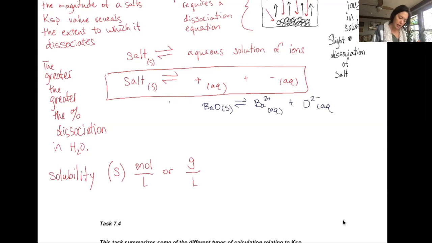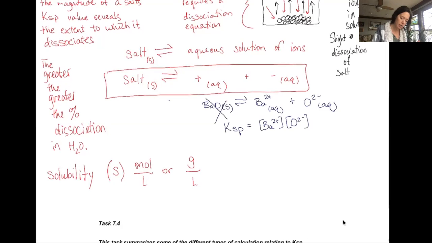All right, now, when I write my KSP for this, it is simply the concentration of the Ba ions times the concentration of the O2 negative ions. Remember, this salt does not go, the amount that is there will not be present, all right?